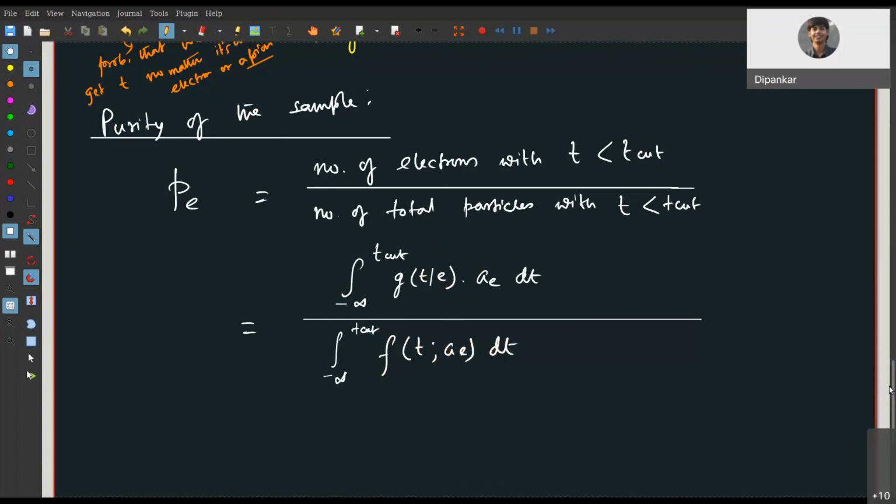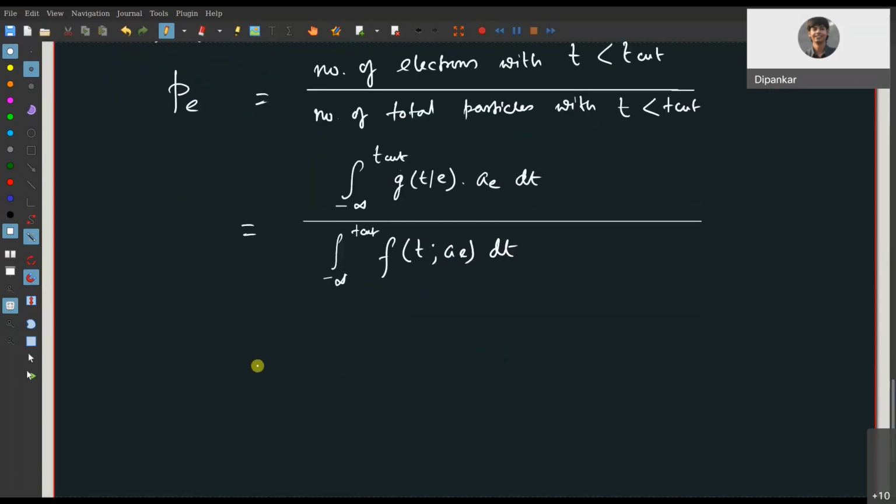And in terms of practical quantities, remember on top that is the number of electrons with T less than T cut. If the total number of particles is denoted by N total, then A_E times N total is the total number of electrons.